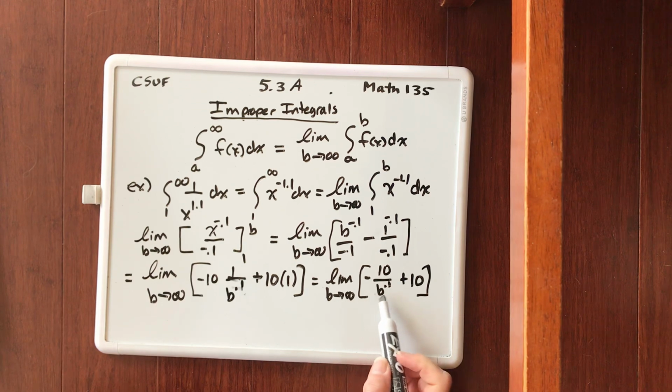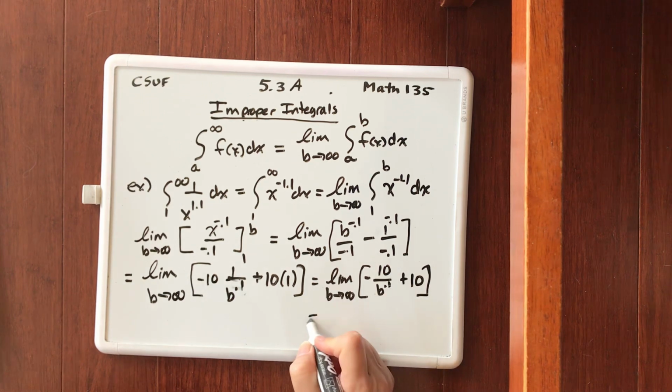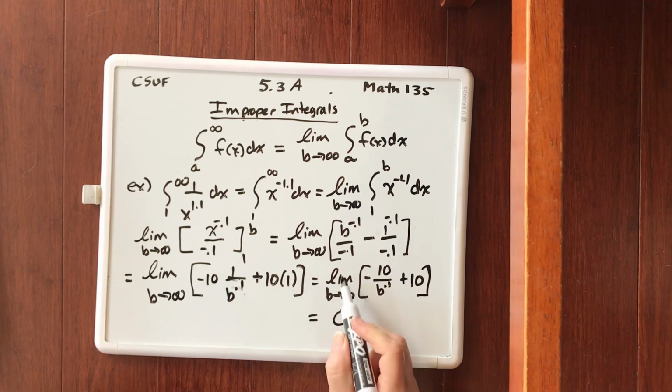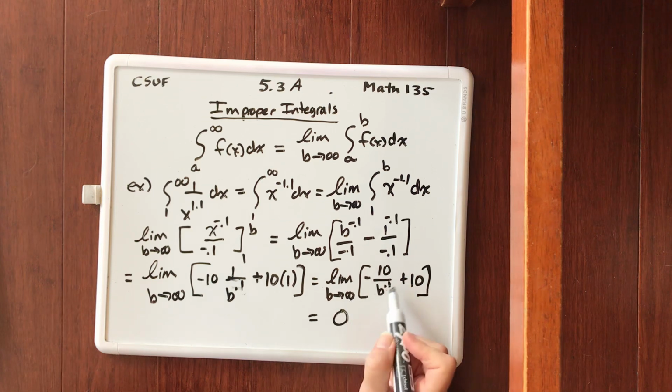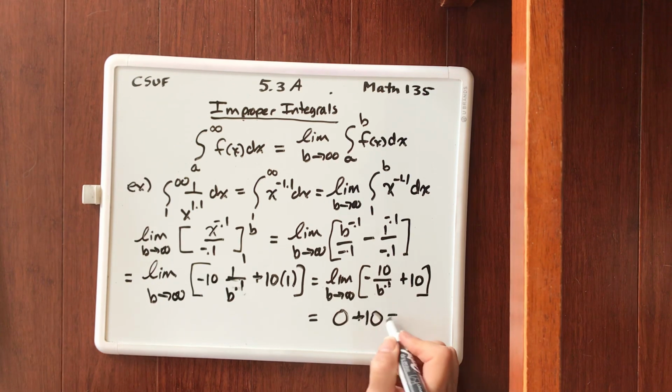And remember, when this number gets larger, larger, larger, this whole thing goes off to 0. So the limit as b approaches infinity of this goes to 0. And the limit of any constant is just the constant. Okay? So this equals 10.